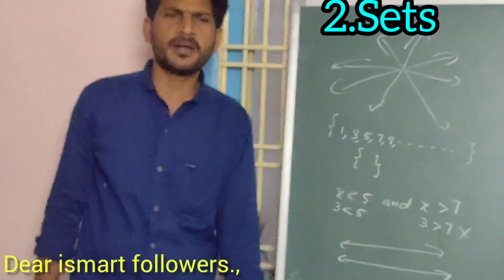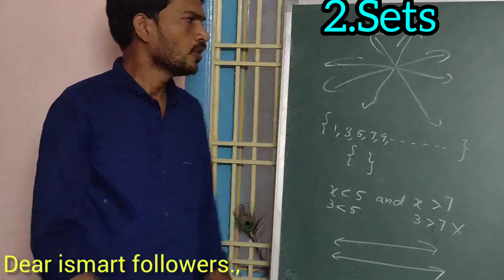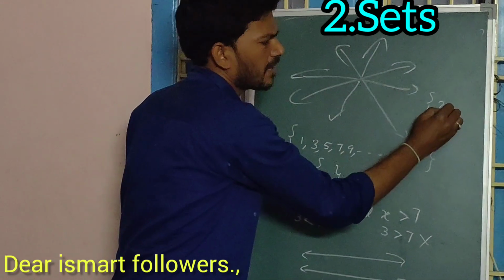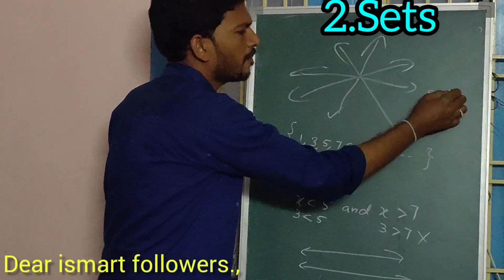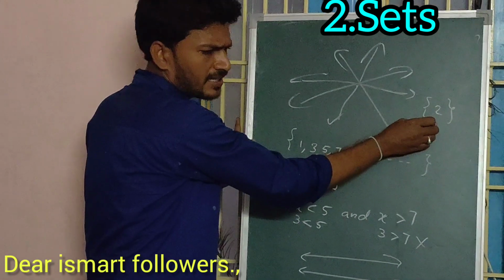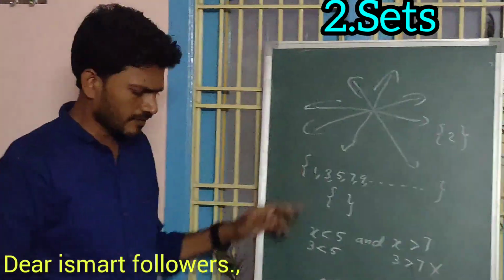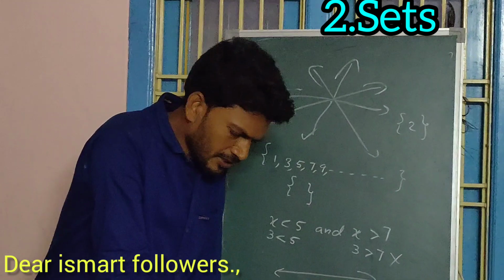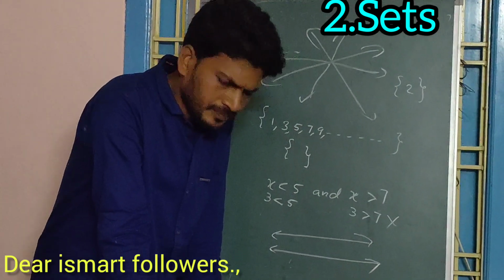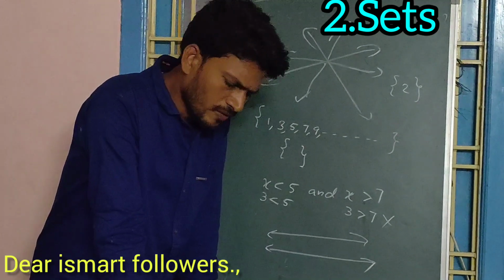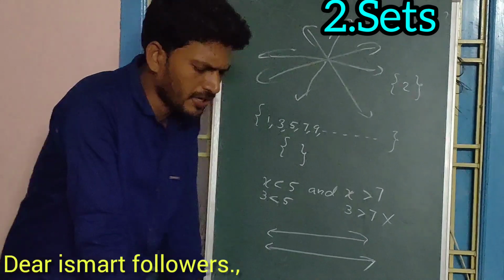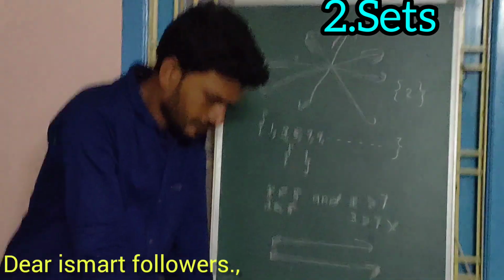Is there any number? 2 is there. 2 is both an even number and a prime number. So is this an empty set or not? Not empty set. So first one is not empty, second is empty, third is empty, fourth is empty, fifth is not empty.